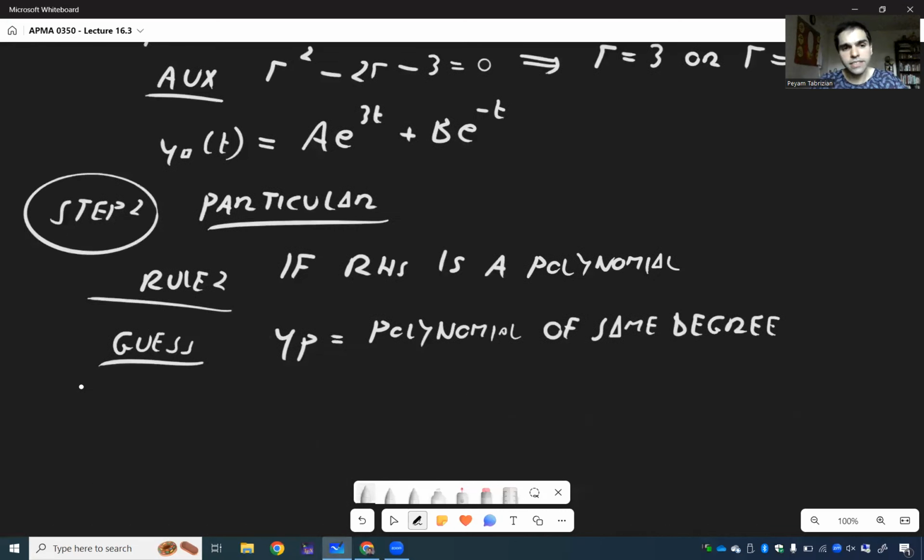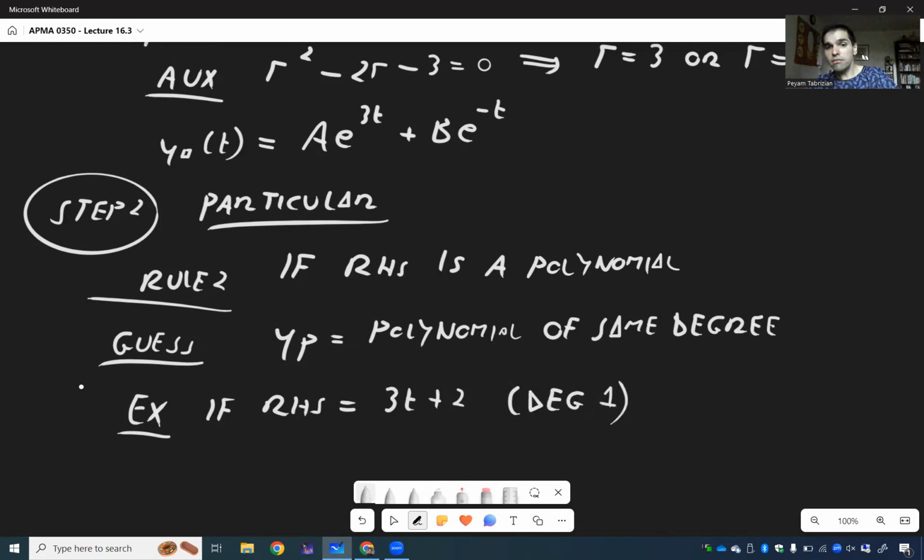So for instance, if the right-hand side is 3t plus 2, that has degree 1, then you guess the most general polynomial of the same degree, which is at plus b.